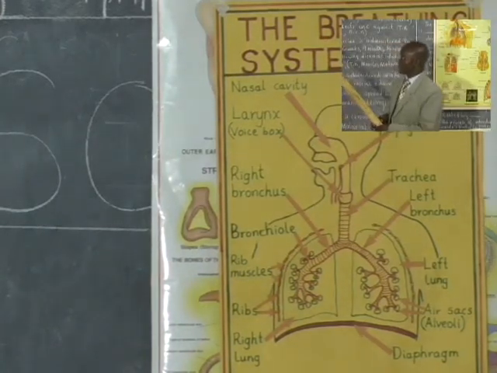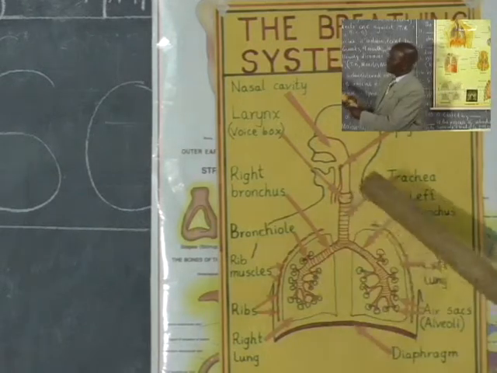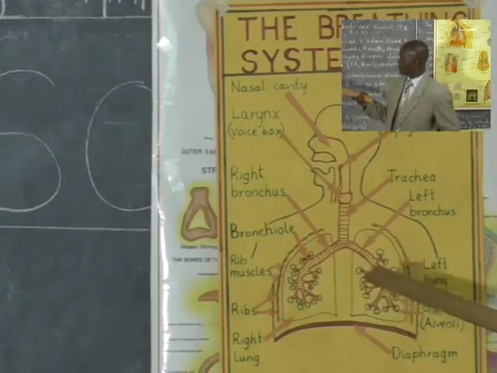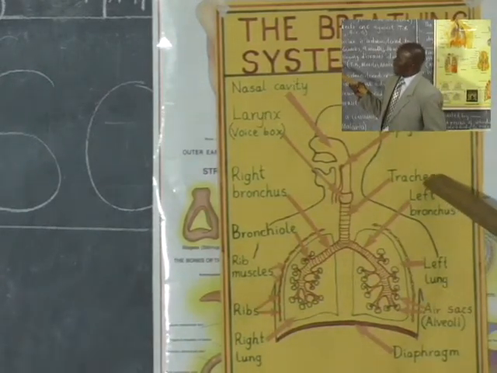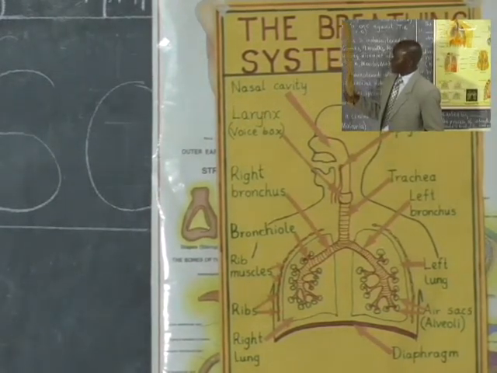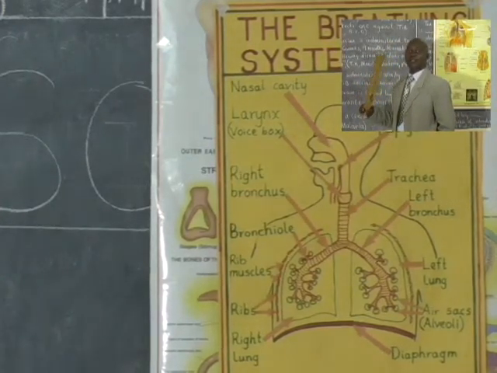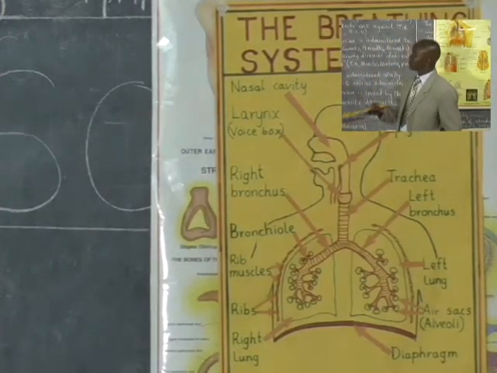You can see on my chart the diagram of a human being, partially, not fully, and then different parts that are involved in taking in air and taking out the same.